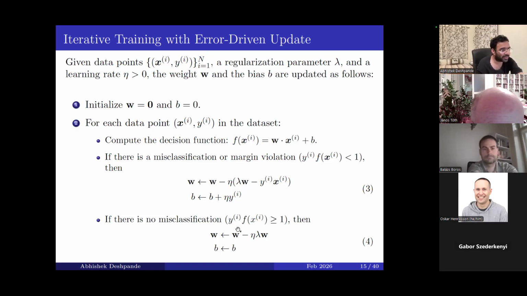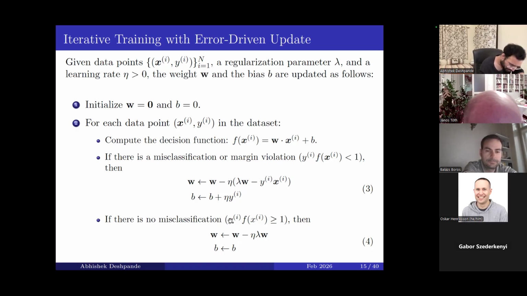Nothing happens to the bias, but the weight is only changed by weight minus eta times lambda w. So note this crucial difference: if there is misclassification, there is this extra term in the w update, which is eta times y times x in addition to eta times lambda times w, right?